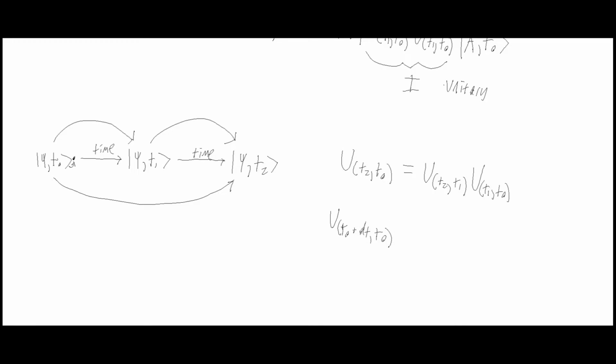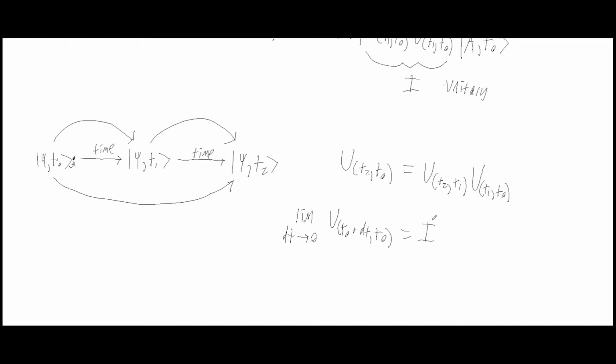However, if we take the limit as dt approaches 0, then what we have again is the identity matrix, because that would be the same as having no time pass when dt approaches 0. So that makes this the identity matrix.